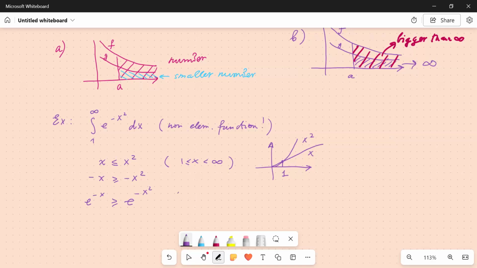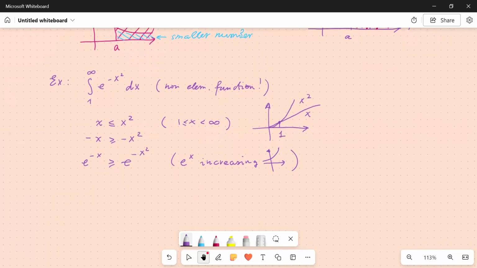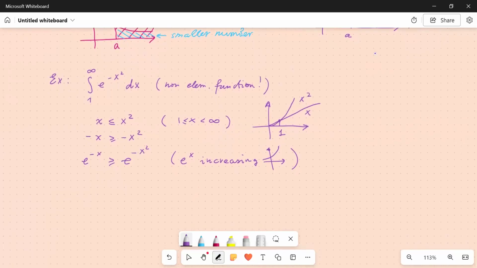If we apply a decreasing one, the inequality changes the sign. Increasing means that it goes up. So guys, we do see that e to the power of negative x is greater than e to the power of negative x squared.